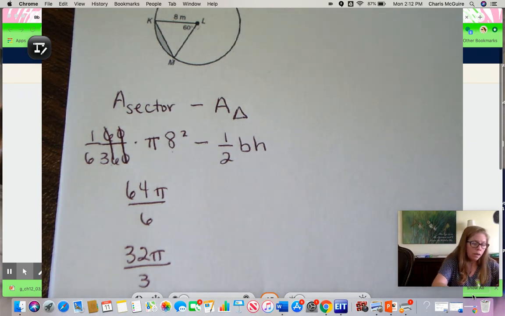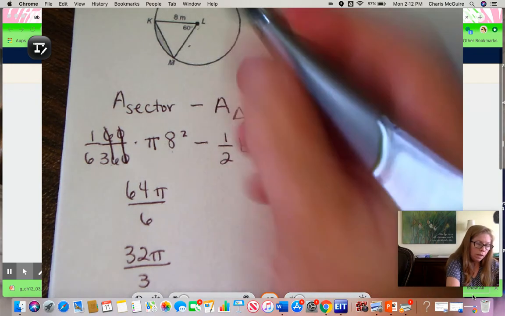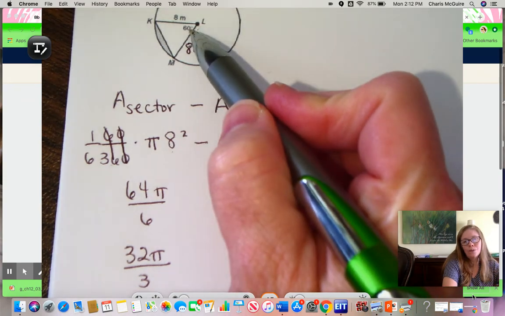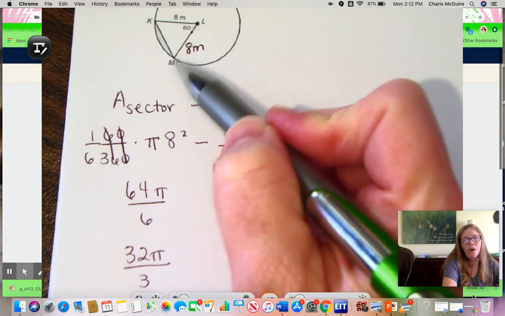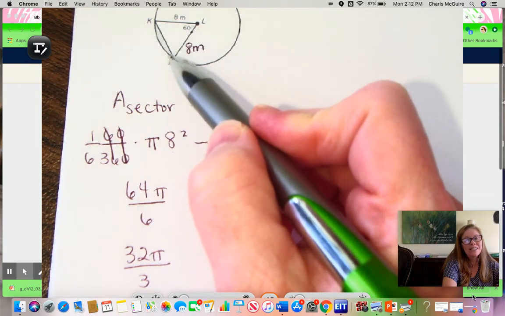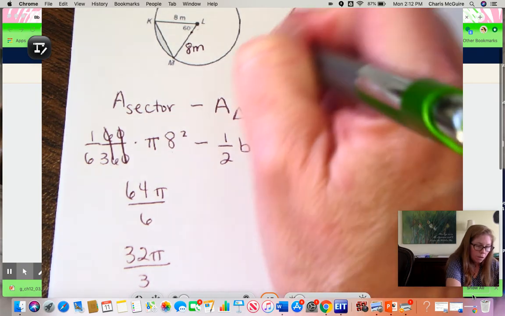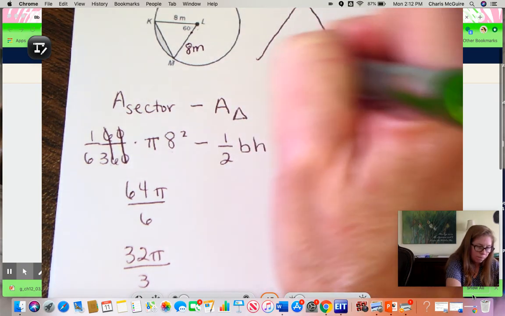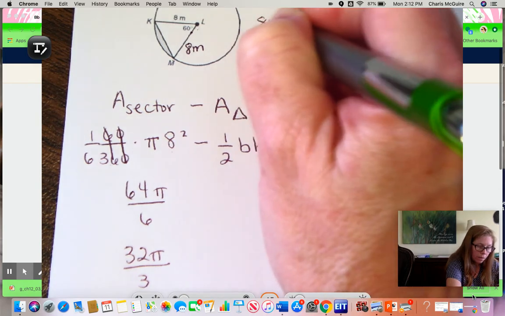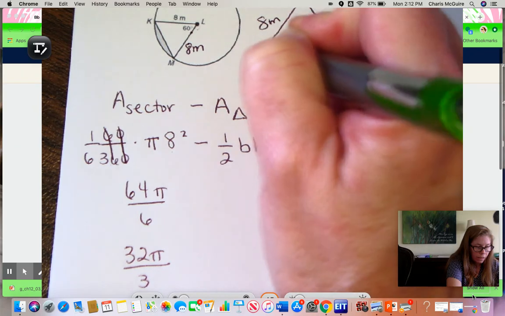Now the triangle, when you look at these triangles, remember that the radius is the same. So this is 8 meters. Now this is a 60-degree angle, so this is a special triangle. All your triangles are isosceles. Since this is 60, this is a 60, 60, 60, or an equilateral triangle. So let me draw it a little bit bigger right here. We've got 8 meters and 8 meters and 8 meters and 60 and 60 and 60.